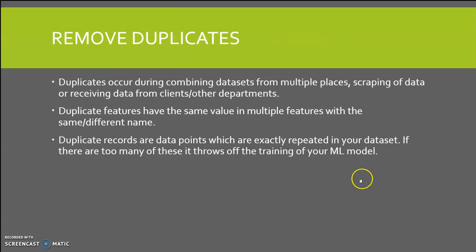The next one is when you see duplicates, you need to remove them. Duplicates frequently occur when your data set is the result of combining several different data sources, a minimum of 2 data sources.